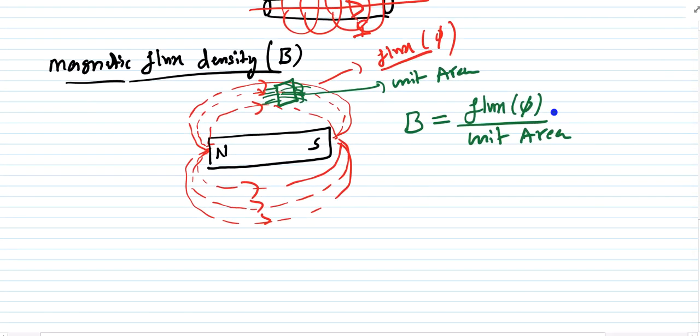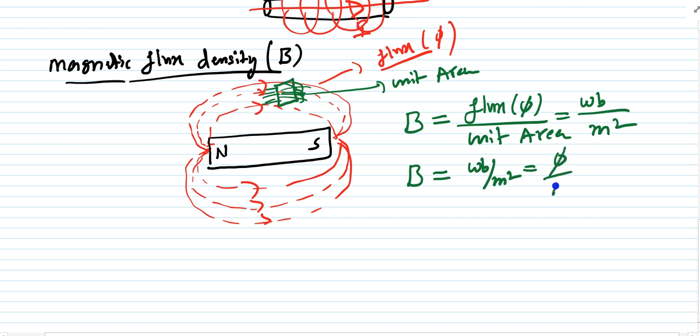The unit of flux is the Weber, and area is in meter square, so the unit of magnetic flux density is Weber per meter square, or sometimes written as Tesla. This is one of the important points you have to understand: what is magnetic flux density.